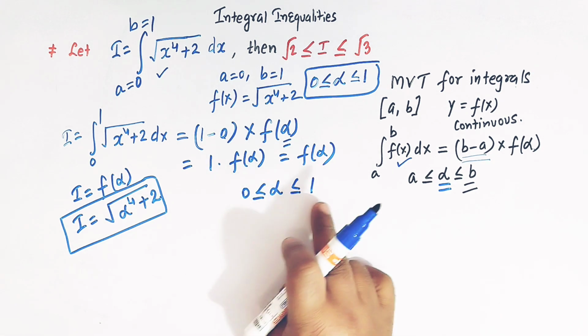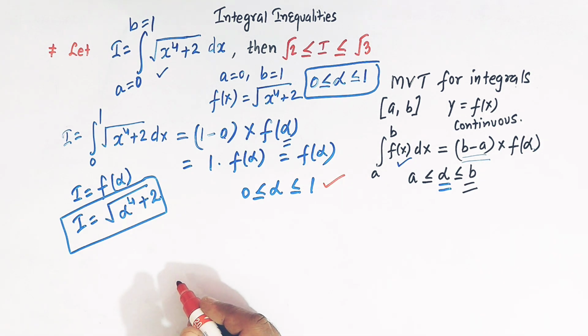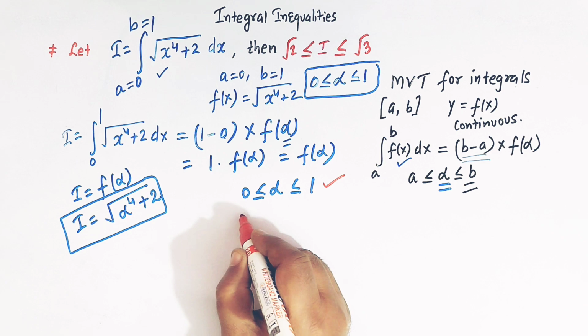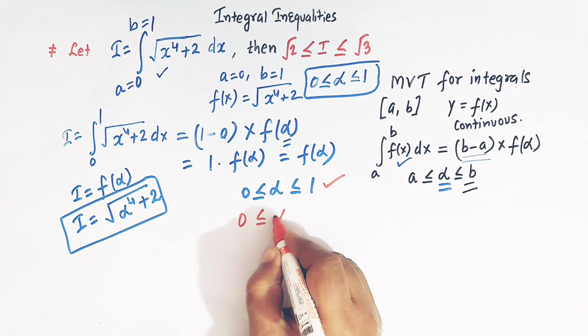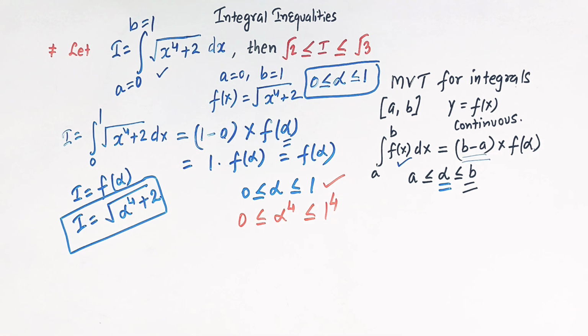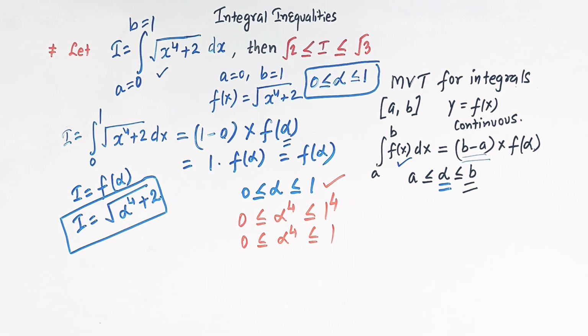Let us take the fourth power of all the terms in this inequality. Raising these three terms to the power of 4, we have 0 here, then alpha raised to 4, and here 1 raised to 4. So this is 0, this is alpha raised to 4, this is 1.